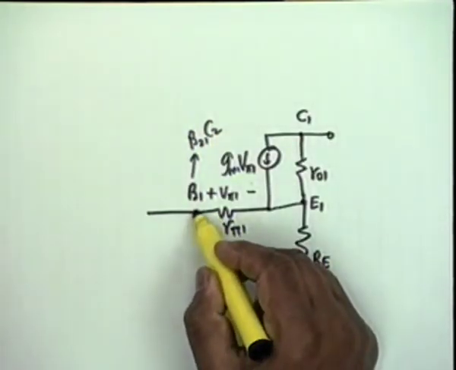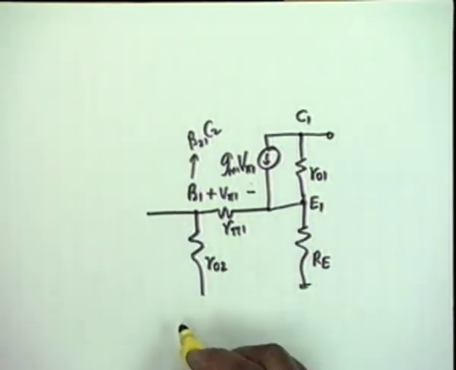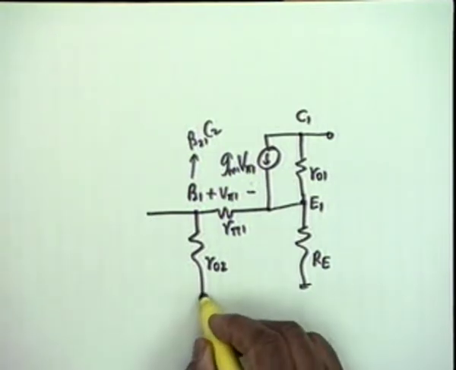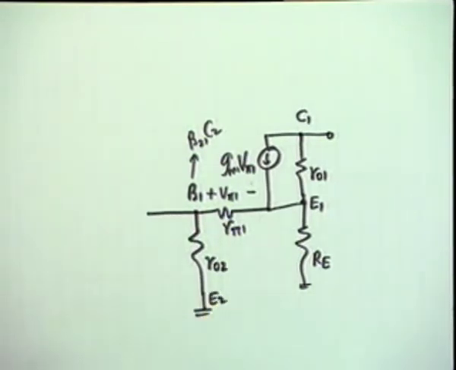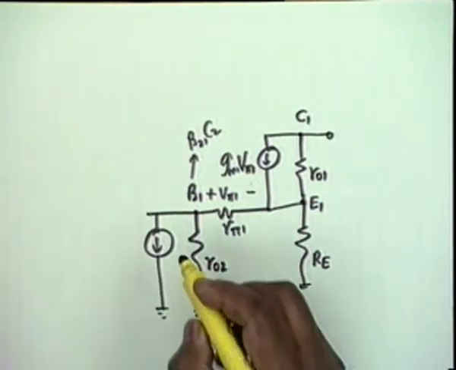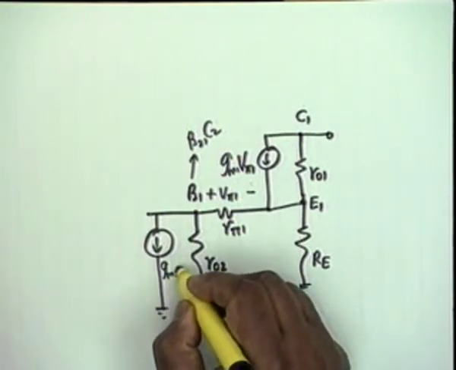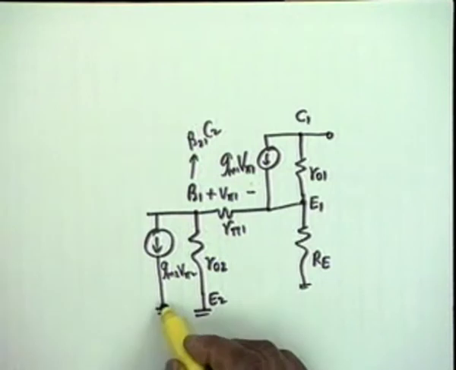So as far as C2 is concerned, we shall have a resistance R02 to ground, because the emitter of Q2 is grounded, and we shall have a GM2 V pi 2 from C2 to emitter 2.